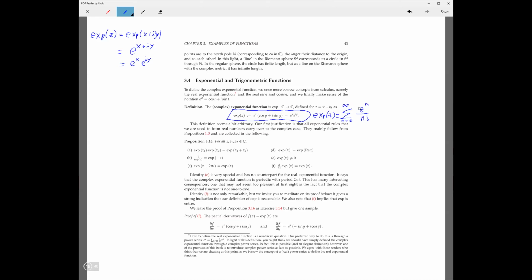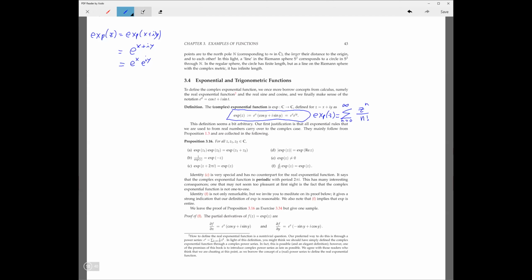If you replace that with an x, this is exactly the series for the exponential function, right? For e to the x. Now, of course, this e to the iy is cosine y plus i sine y. That's certainly true, and that's exploitable.